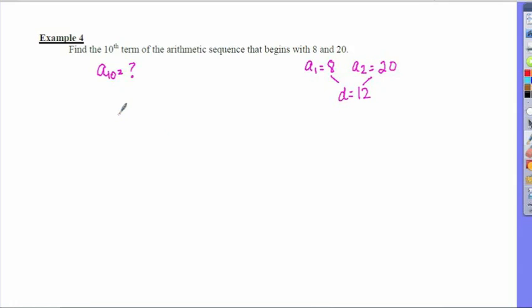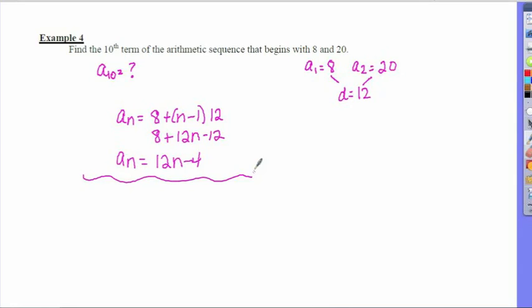So let's write the general equation. AN equals your first term plus n minus 1 times your difference. Distribute backwards. 8 plus 12n minus 12. Combine those numbers. So AN equals 12n minus 4.